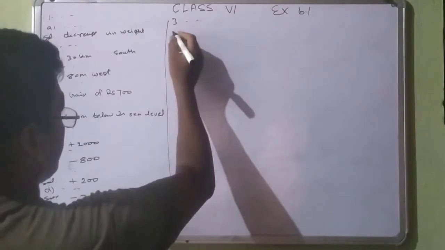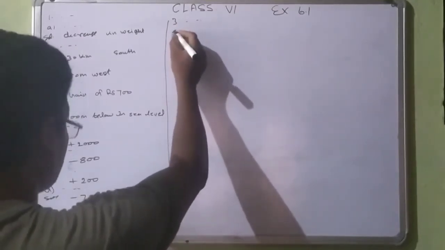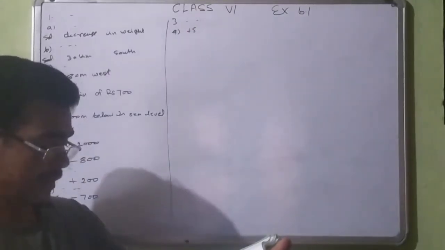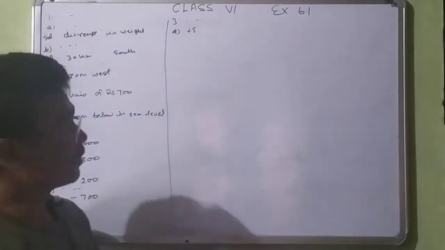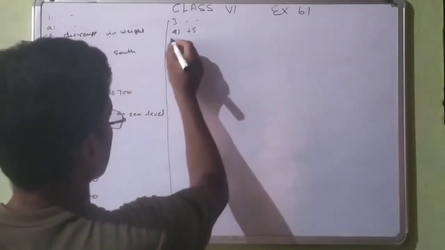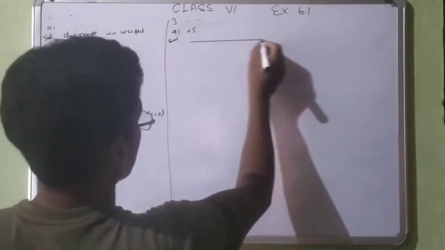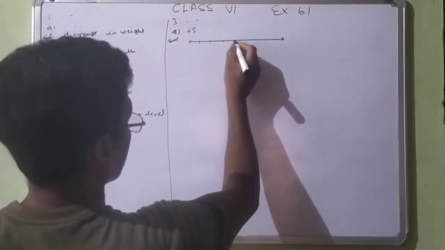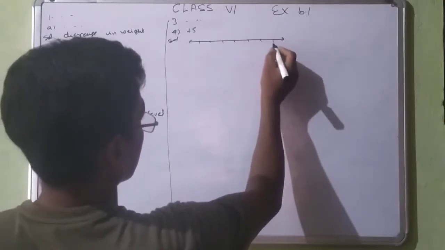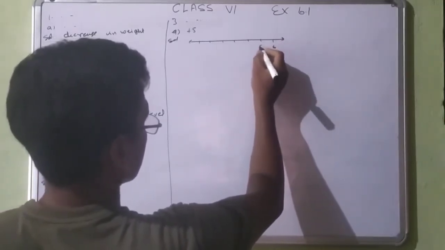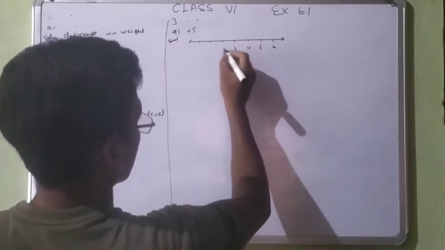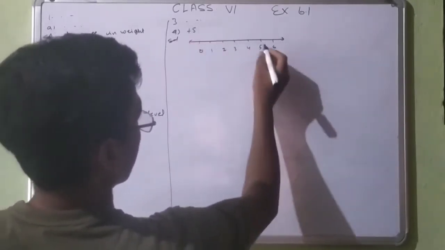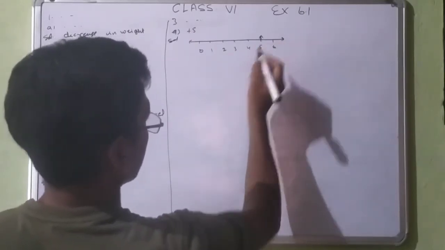Now the third question: represent the following numbers on a number line. A part is plus 5. So this is the 5, and this will be the answer.